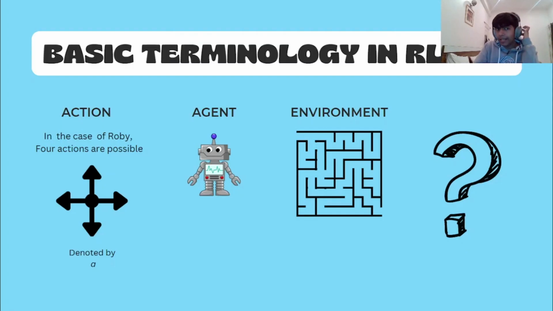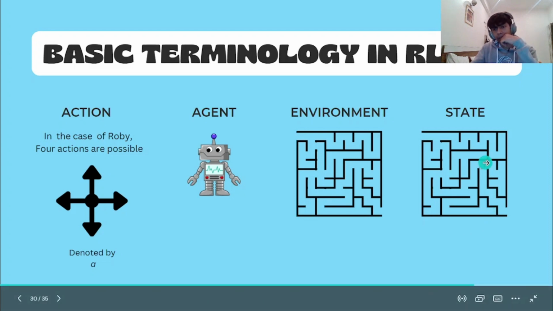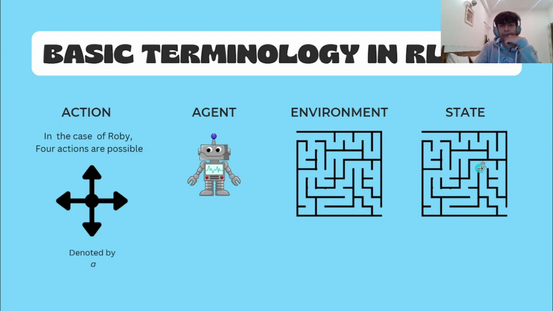So back to this slide where we talked about some basic terms that are used in RL: action, agent, environment, and the fourth term that was left for the end of this video, state. State here in this case is Robbie's position in the maze and his orientation.